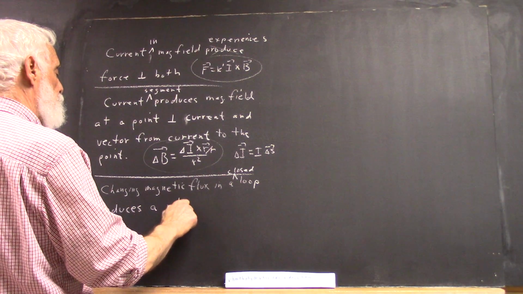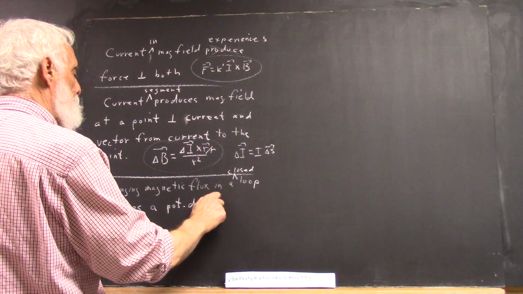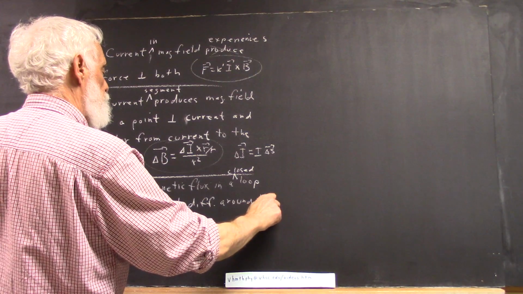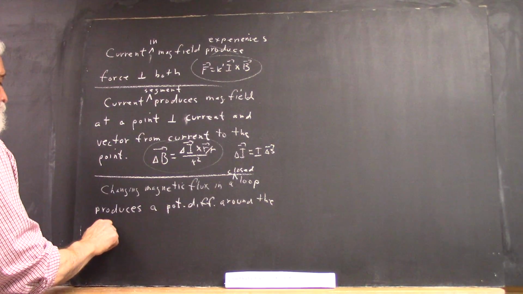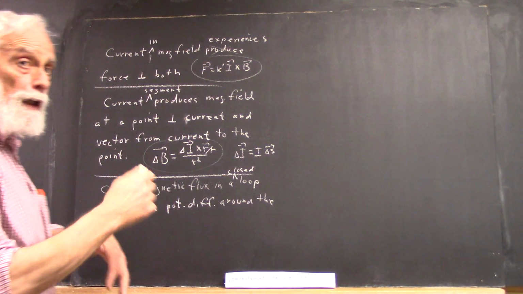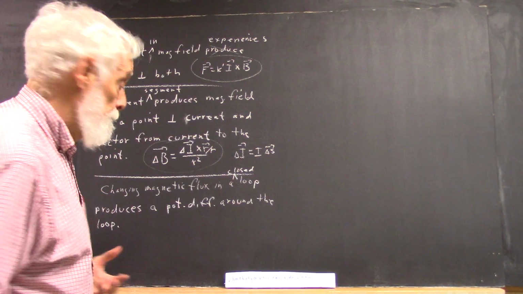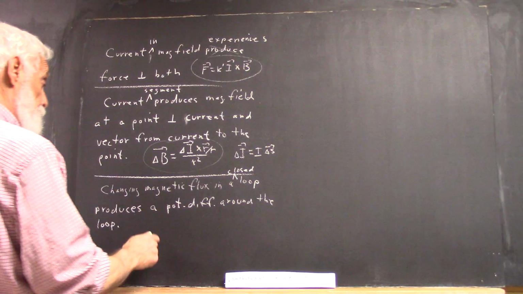I'll say potential, it produces a potential difference around the loop. So if that loop happens to be a conductor, you're going to get a current around that loop. Okay? And the law there is very, very simple.